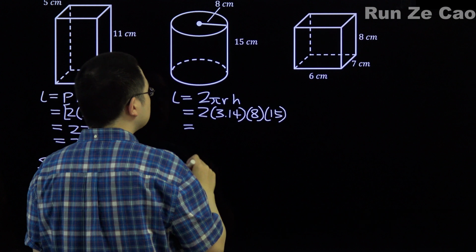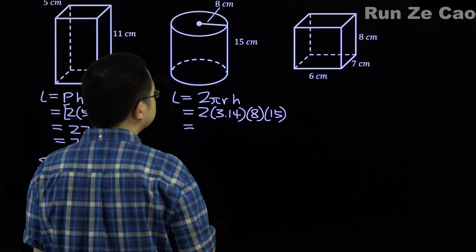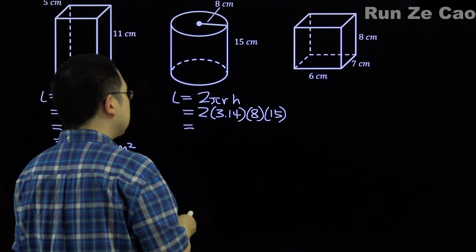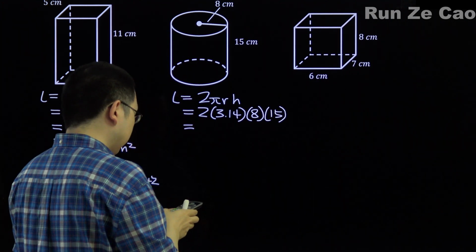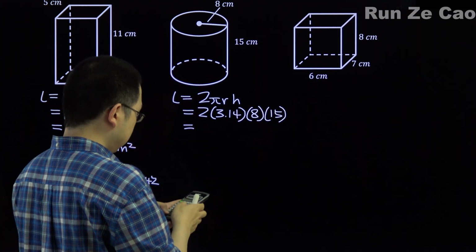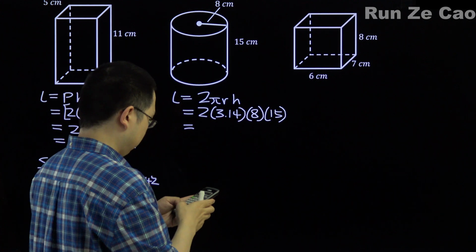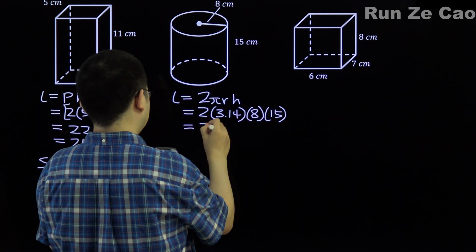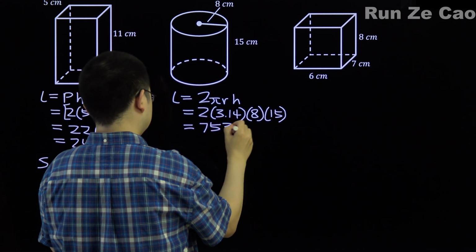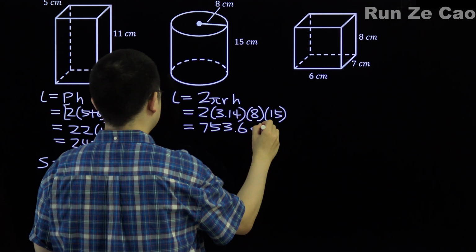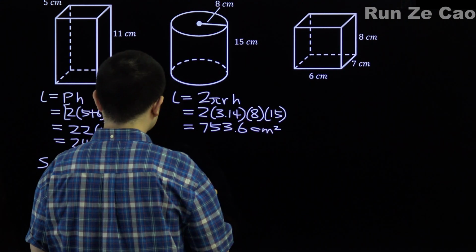Okay then, 2 times 3.14 times 8 times 15. We can go with 8 times 30, and then times 3.14, and we get 753.6 centimeters squared.